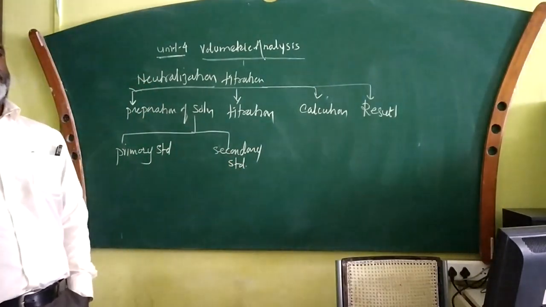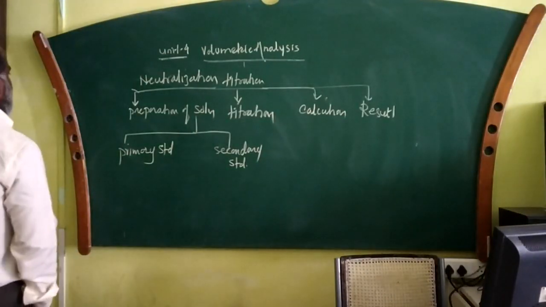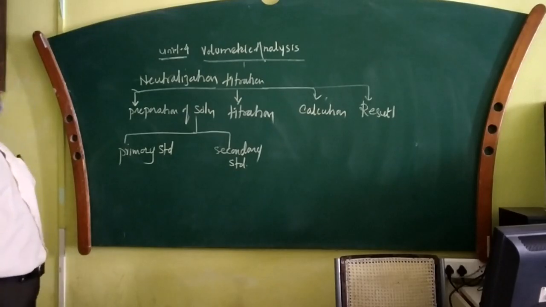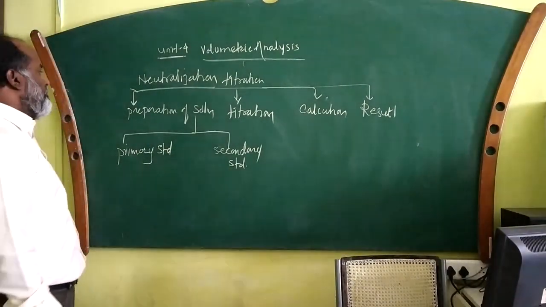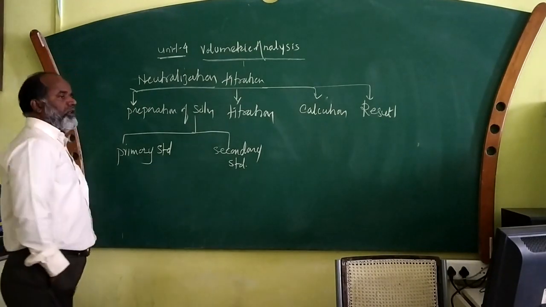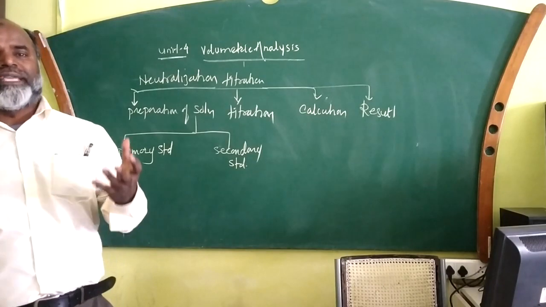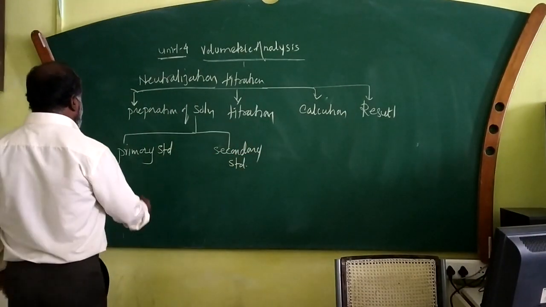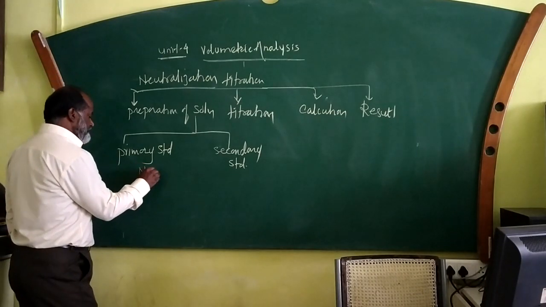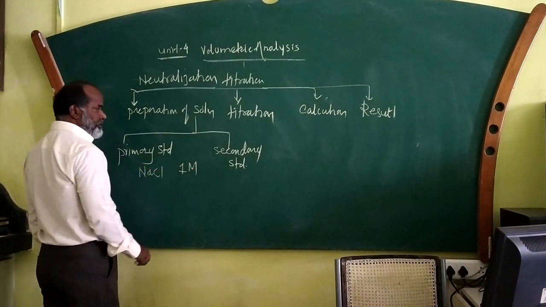You know, what is meant by a primary standard substance or primary standard solution? Primary standard means the substance whose solution, when prepared, gives exact normality. For example, I have one substance like NaCl. I want to prepare 1 molar NaCl solution.